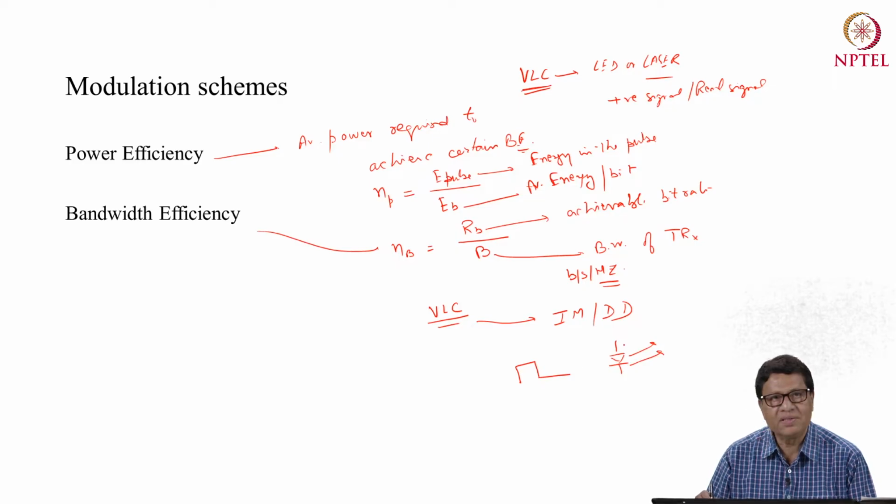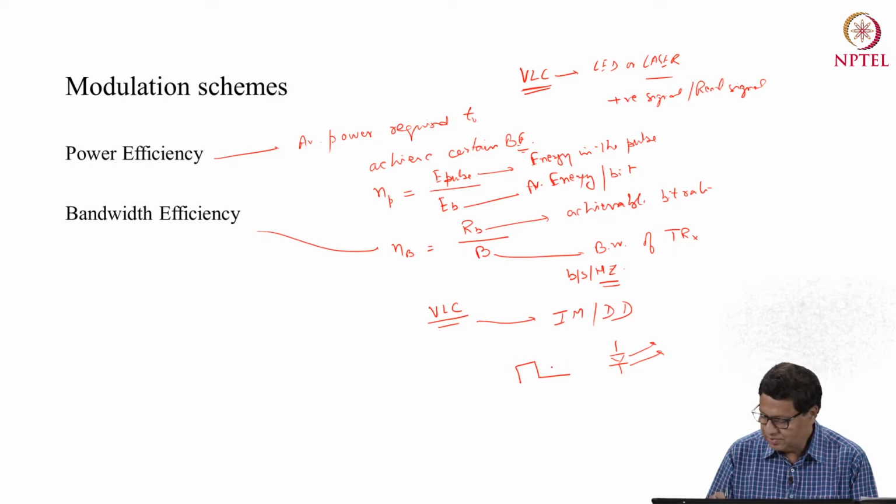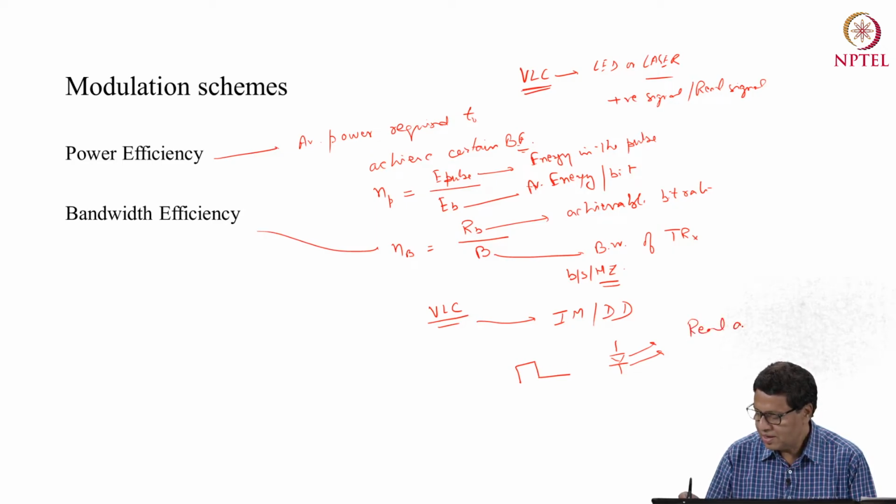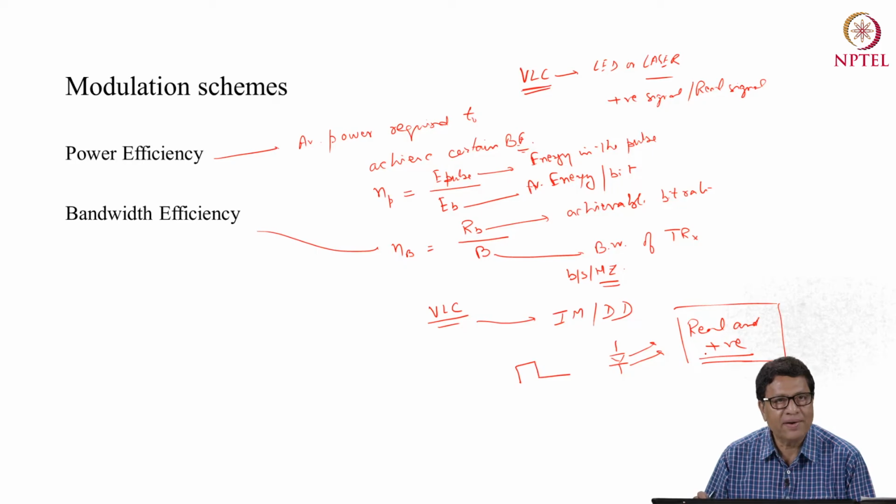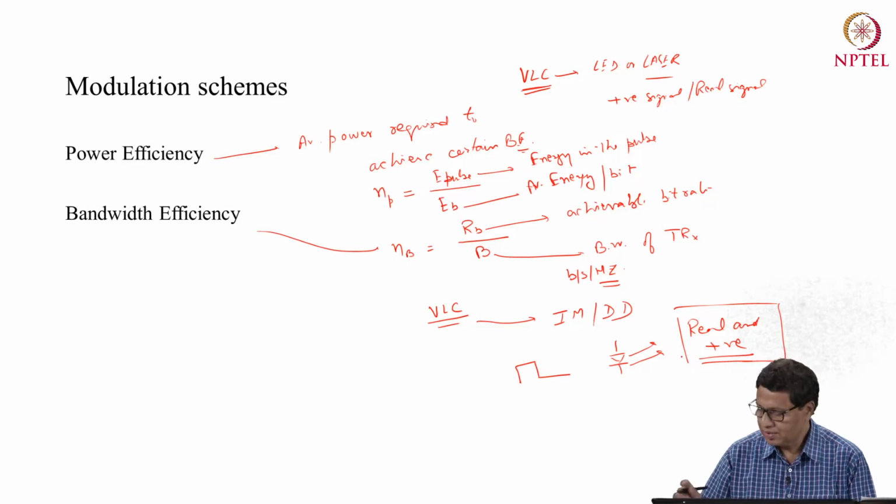This is called intensity modulation. You are modulating the intensity. And the signal to the laser diode has to be real and positive. So if I try to use an RF signal, which generally is bipolar and complex, I cannot directly give it to the LED or laser transmitter. I'll have to modify that signal to make it real and positive.